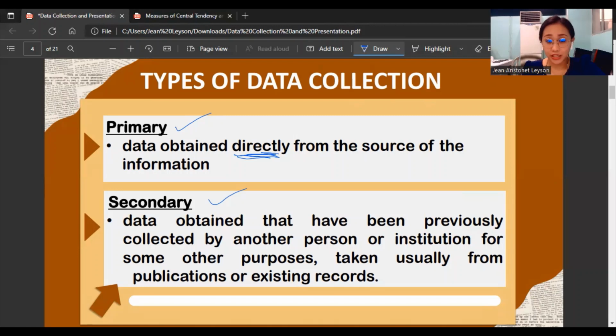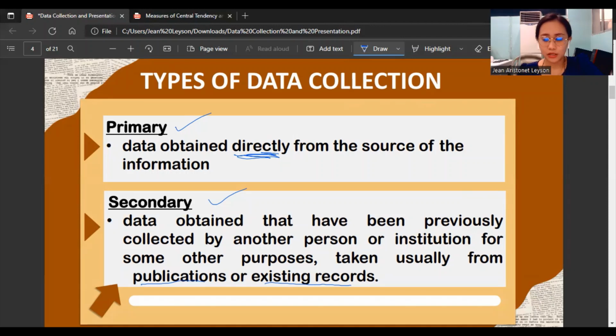Secondary data is data that has been previously collected by another person or institution for some other purposes, taken usually from publications or existing records. So secondary data means data obtained not from the primary source.